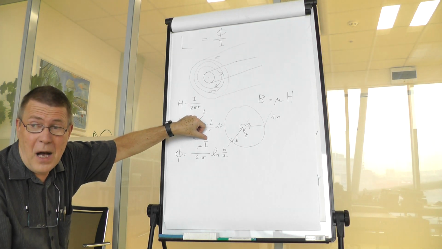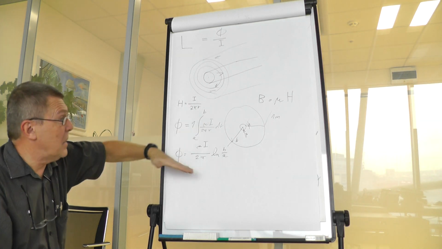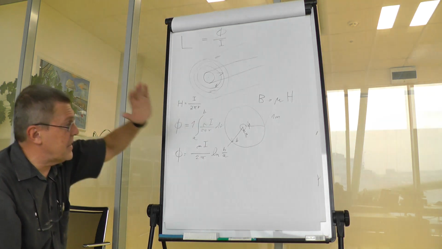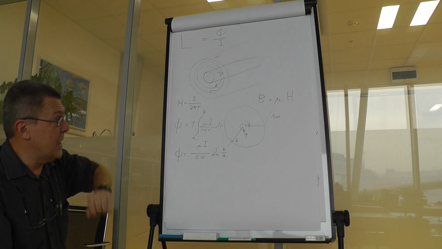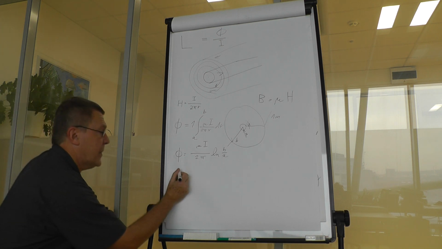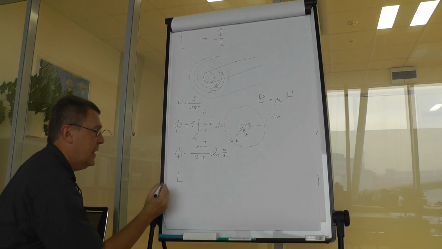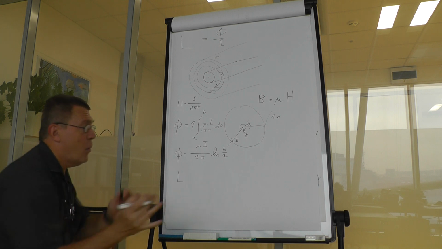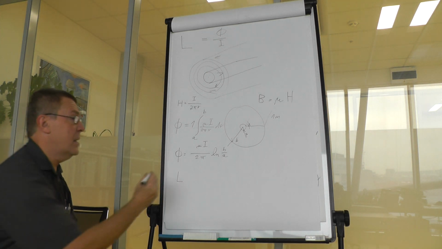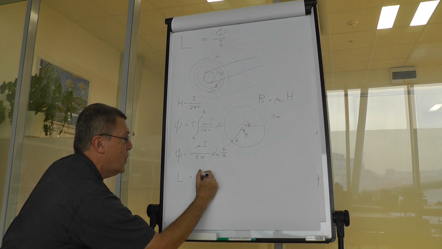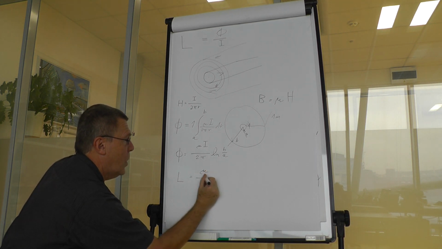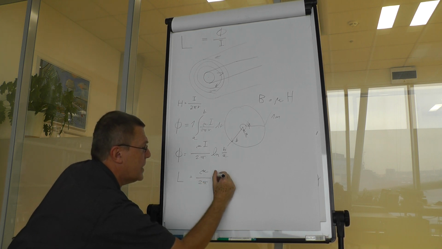If not, we must have made a mistake. But in this case, if we divide this by current, we receive the inductance of a 1 meter long section equivalent to mu over 2 pi logarithm b over a.